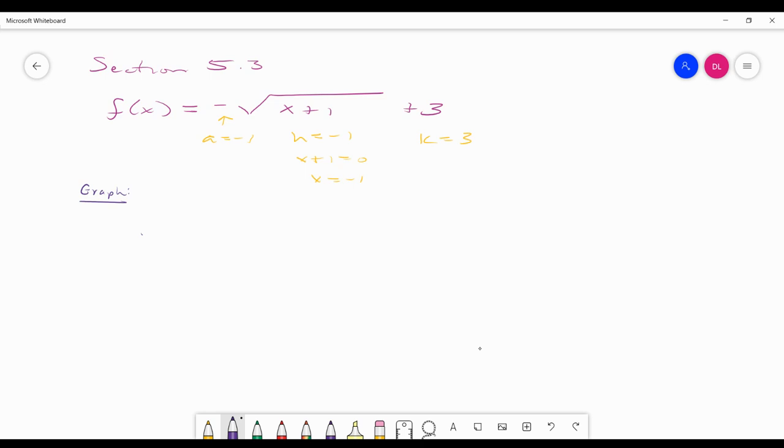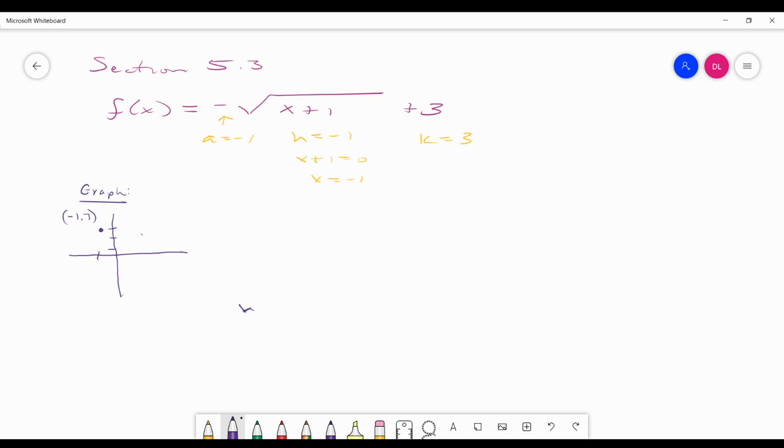We know that we have our graph, and we have an h and k of negative 1 and 3. So we go over to negative 1, and we go up 3, and we've got our starting point right there. So that's negative 1 and 3.